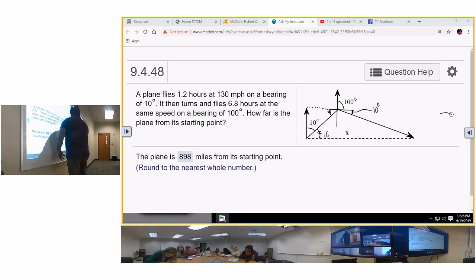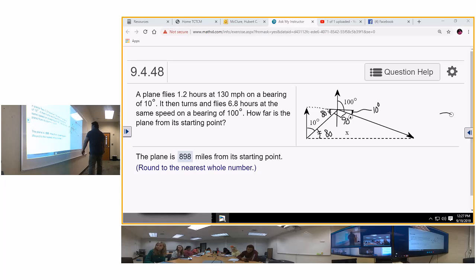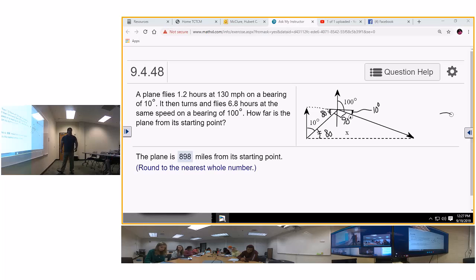And we know this is 80 degrees, so this plus 80 plus 10, and 90 from 180 is 90 degrees. So you know that's your 90 degree angle. And at that point, the Pythagorean theorem kicks in and you get 898. So that one is not really a trig problem. That's more of a geometry and Pythagorean problem.